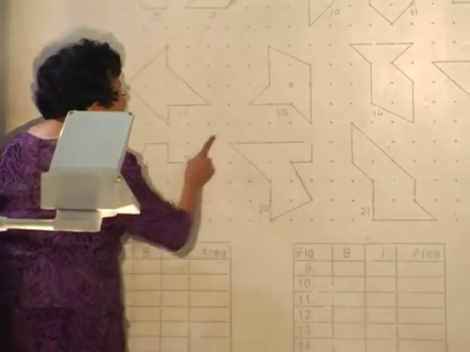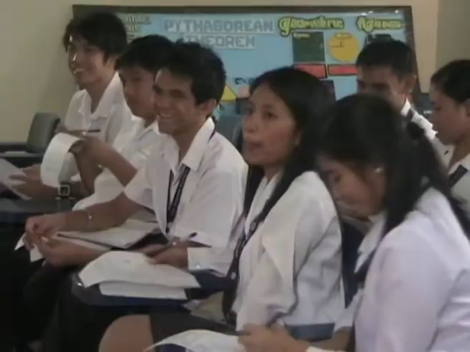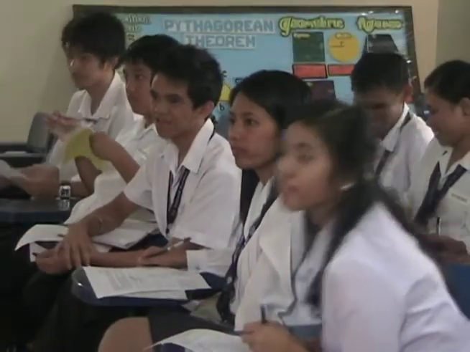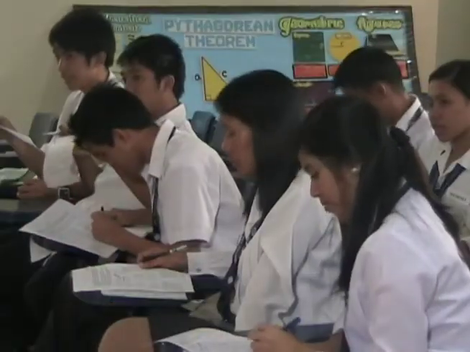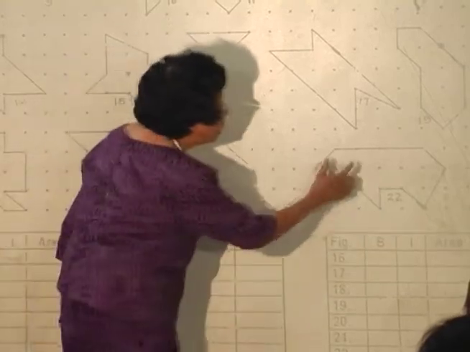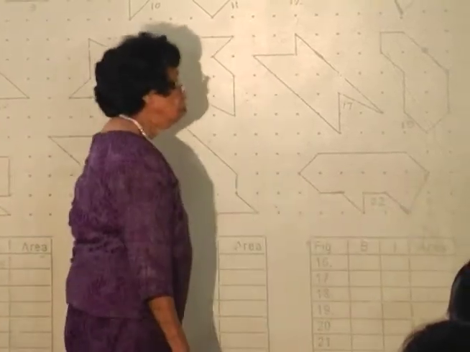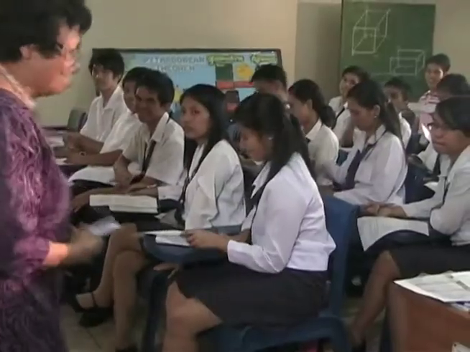How many boundary points? 12 divided by 2? 6. Plus? Quick, right? And then this. Aha. 22. How many boundary points? 13. Then divided by 2? 6.5. And then 11.5. It's easy now, right? All right.